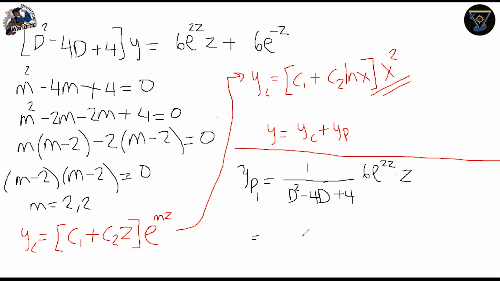So remember, once we have an e multiplied by something else, we're going to take it out. We're going to put the 6e to the 2z over this side. And we're going to have 1 over... anywhere you see D, you're going to put D plus 2. So we have a 2 here.